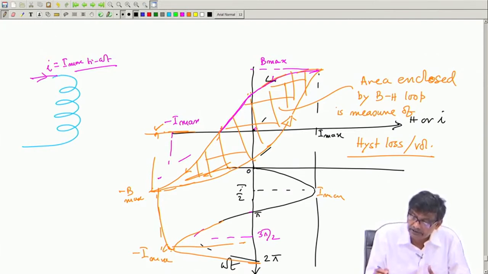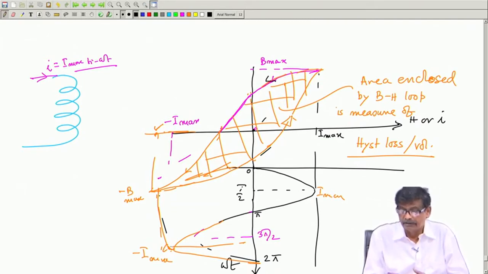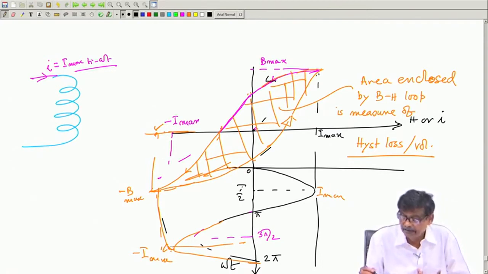Then when current is 0, it will have some residual field, then with negative current after pi to 3 pi by 2 it will go like this, then reach minus I max. If your core was initially unmagnetized, except for the first quarter of the first cycle, it will do like this. That portion need not be taken into account.